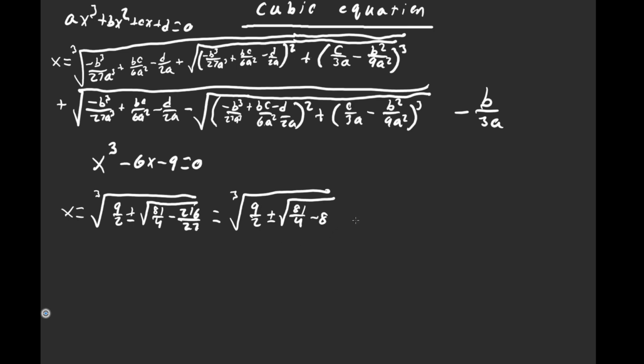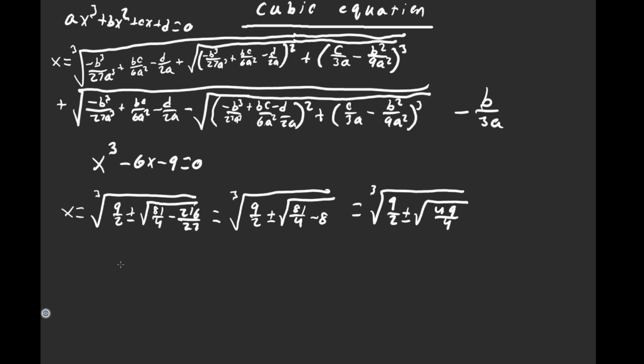And now what we can do is multiply this by 4 and make it into a fraction. If we do 81 minus 32, we get 49. So 9 over 2 plus or minus the square root of 49 over 4.